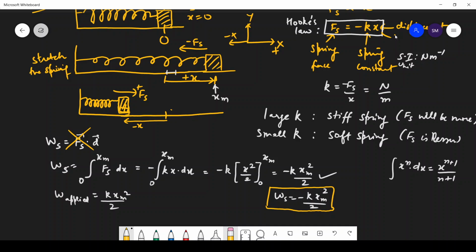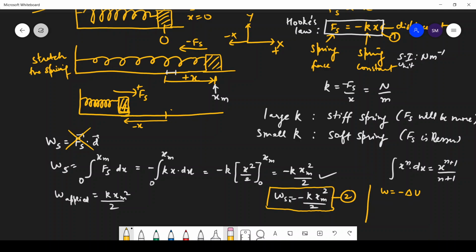So these are the two important formulas: formula number 1 for Fs and formula number 2 for Ws. Now students, we also know that for a conservative force, the work done is equal to the negative of the change in potential energy.